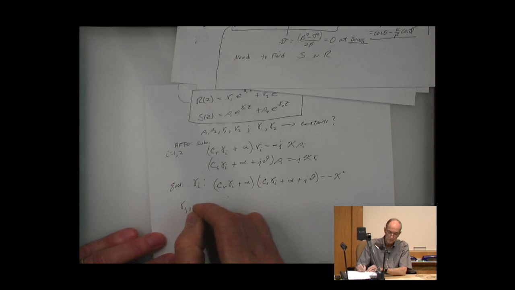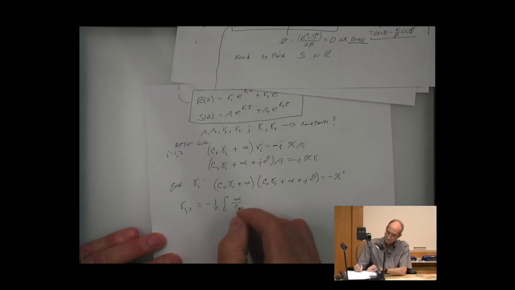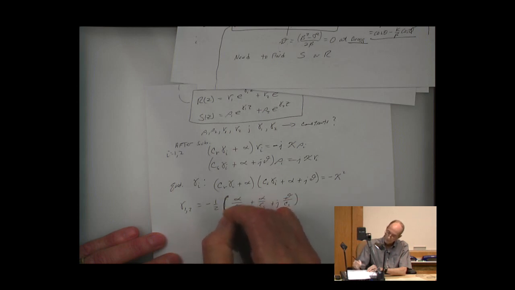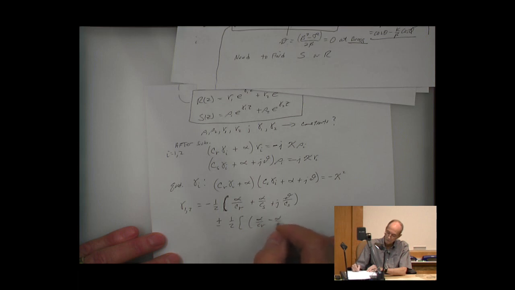Gamma 1 and 2 now is equal to minus 1/2 alpha over C sub r plus alpha over C sub s plus j times the detuning parameter over C sub s, plus or minus 1/2 times the square root of alpha over C sub r minus alpha over C sub s minus j times the detuning parameter over C sub s, squared, minus 4 kappa squared over C sub r C sub s.